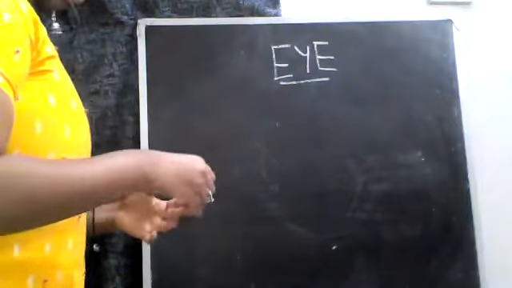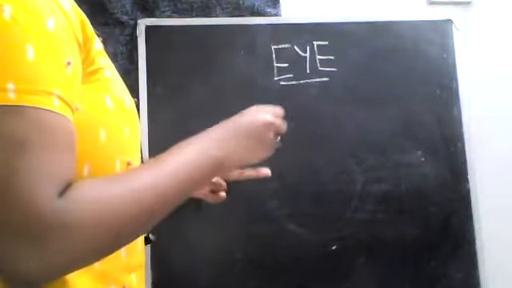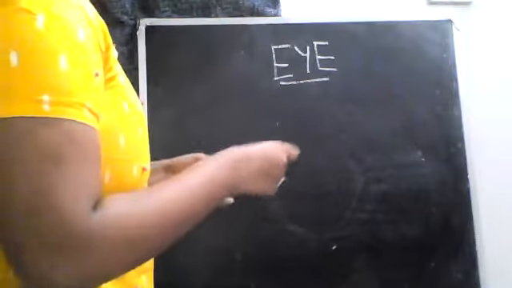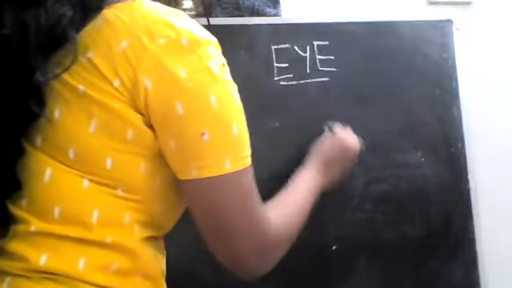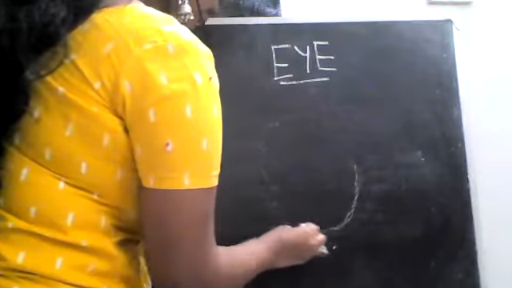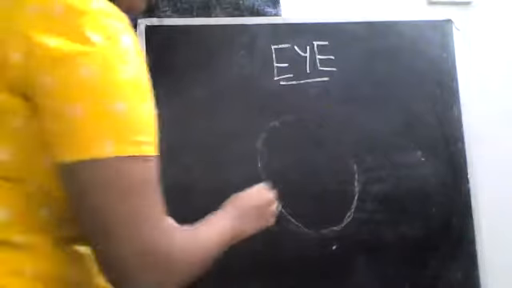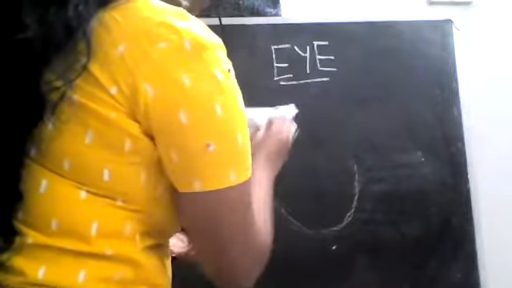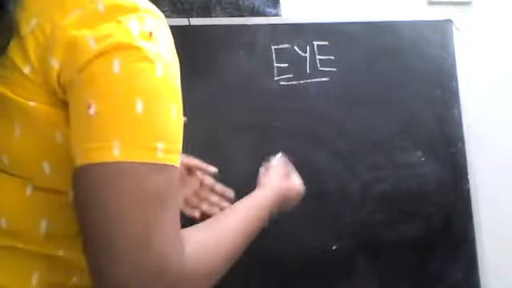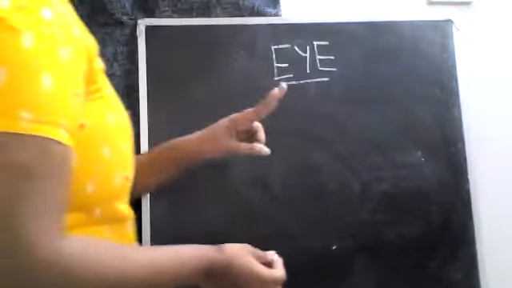To draw the eye, we have two layers which are circular. You have to start off by drawing a rough circle. This circle you will erase later, so don't worry about that a lot. Then after that, you have to start drawing two layers.